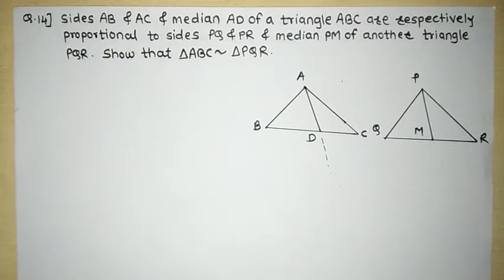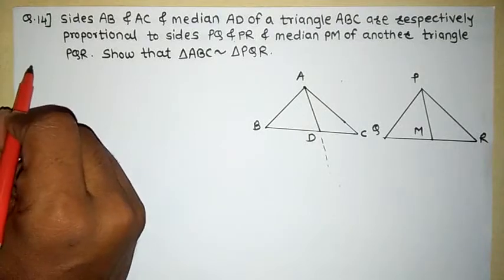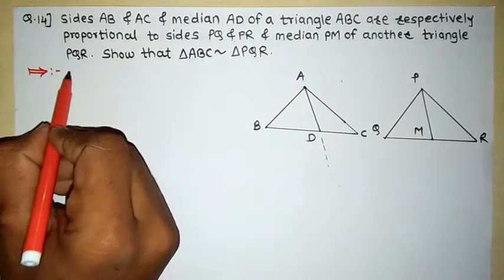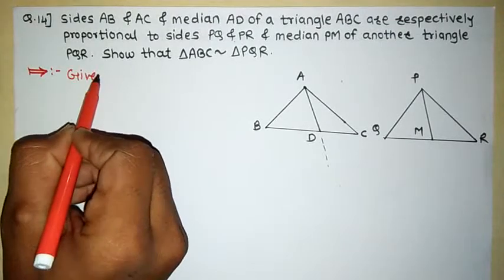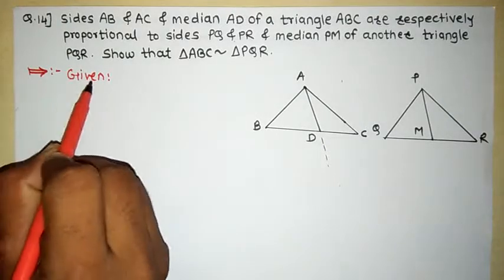Therefore, see here, first we will write what is the given data. Given. Listen carefully because this question is a typical one, and it is also important, so please pay attention here. What is given?